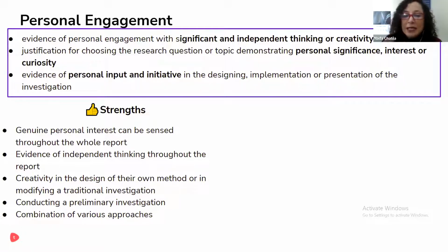Actually, the personal engagement criterion, with communication, is a criterion that is holistically assessed. We do not look for it in a specific part of the IA. We read the whole IA once and twice in order to determine the mark for the personal engagement. So it is the last one to be marked.